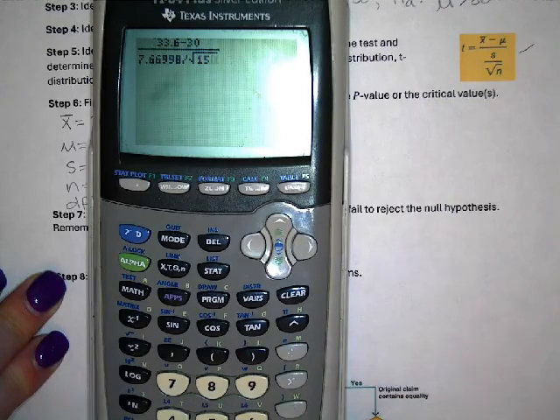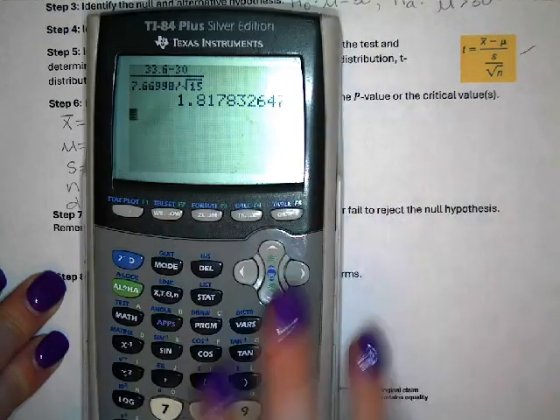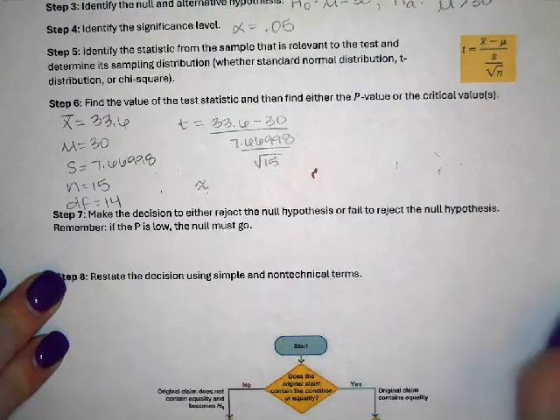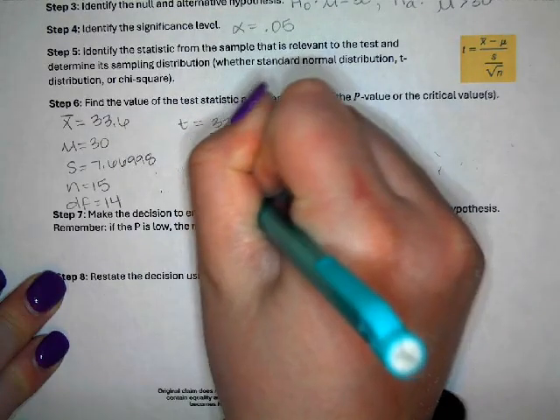That gives 1.8178. Okay, and I'm going to go ahead and draw my t distribution.